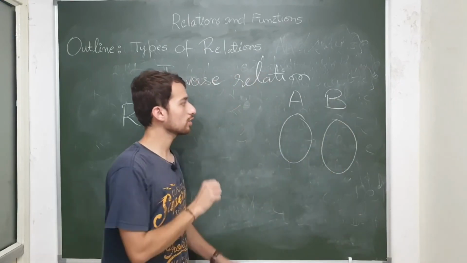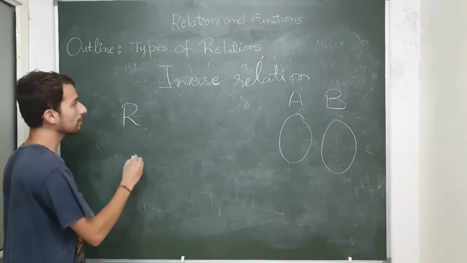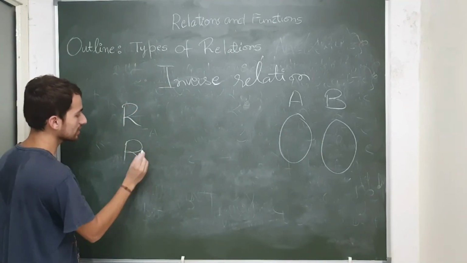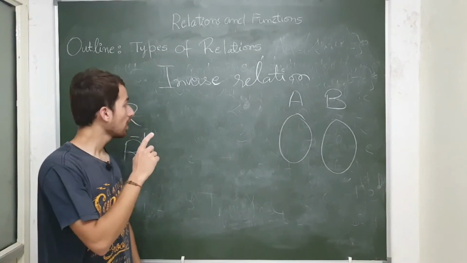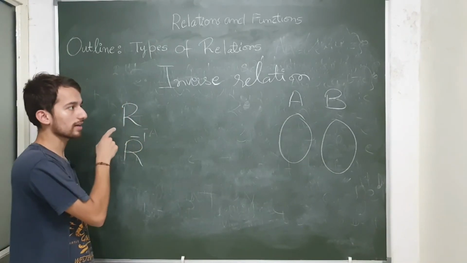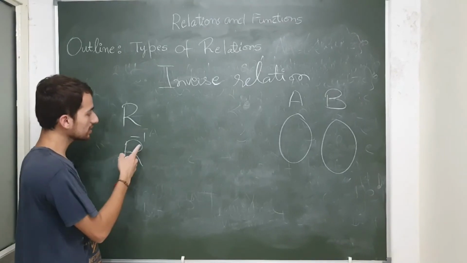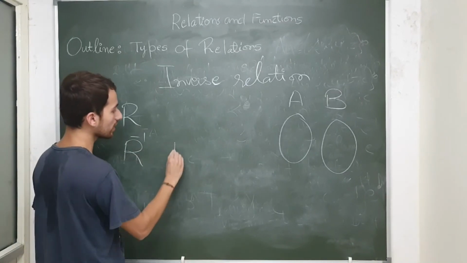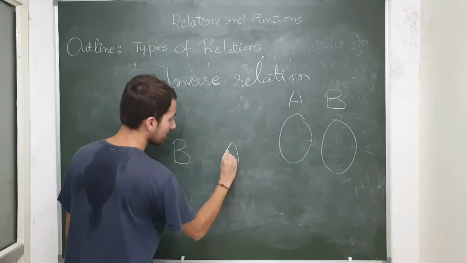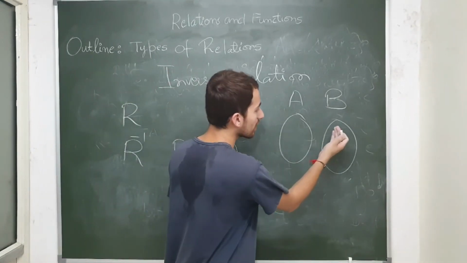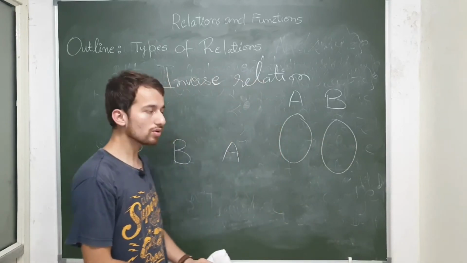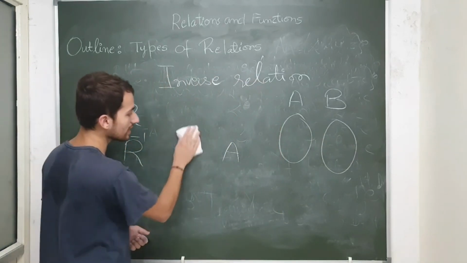Now I am interested in defining one more relation, which is called the inverse relation of the original relation R, and this will be defined from B to A. The roles will change now. So how can you define this relation?